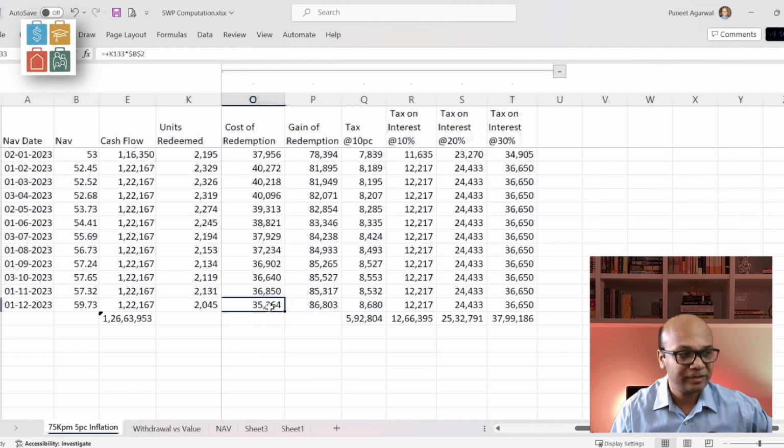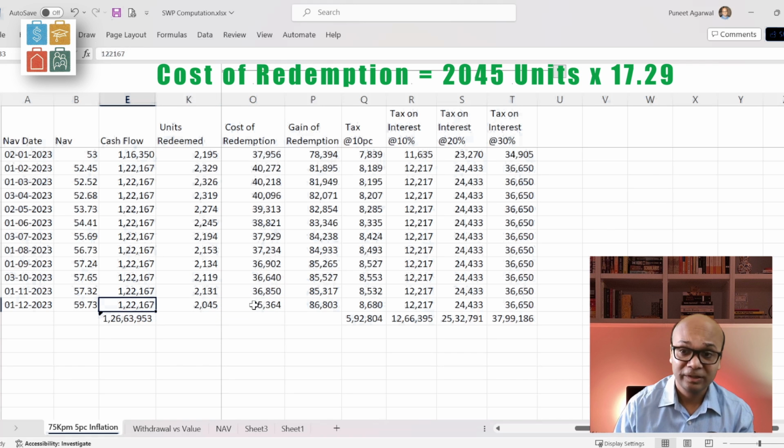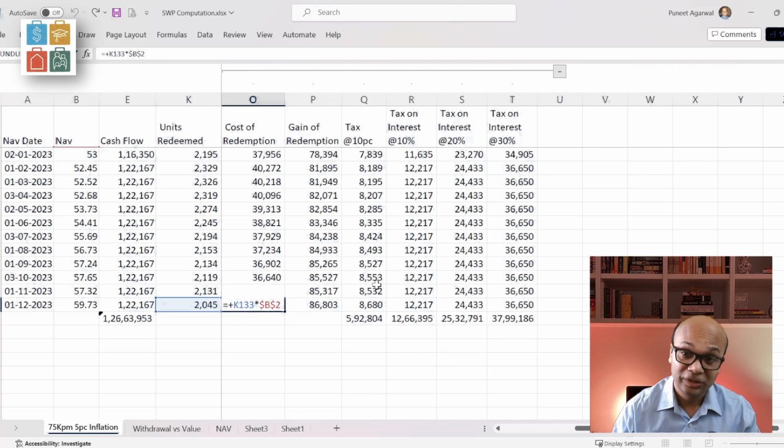So as of December 2023, we withdrew 1.22 lakhs. The number of units withdrawn was 2045, but the cost of this number of units was 2045 multiplied by the rate at which we bought, 17 rupees. So the cost of the units is 35,000 rupees from a capital gain perspective. So what is your gain?